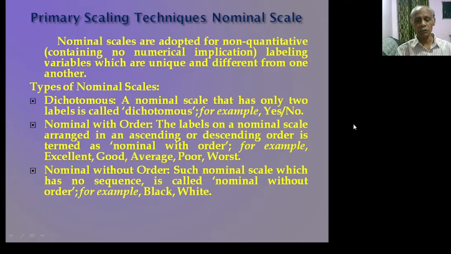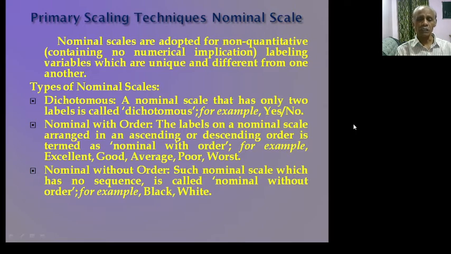There will be no multiple choices. There will be only 2 choices, either yes or no, either true or false. A nominal scale that has only 2 labels is called a dichotomous scale.